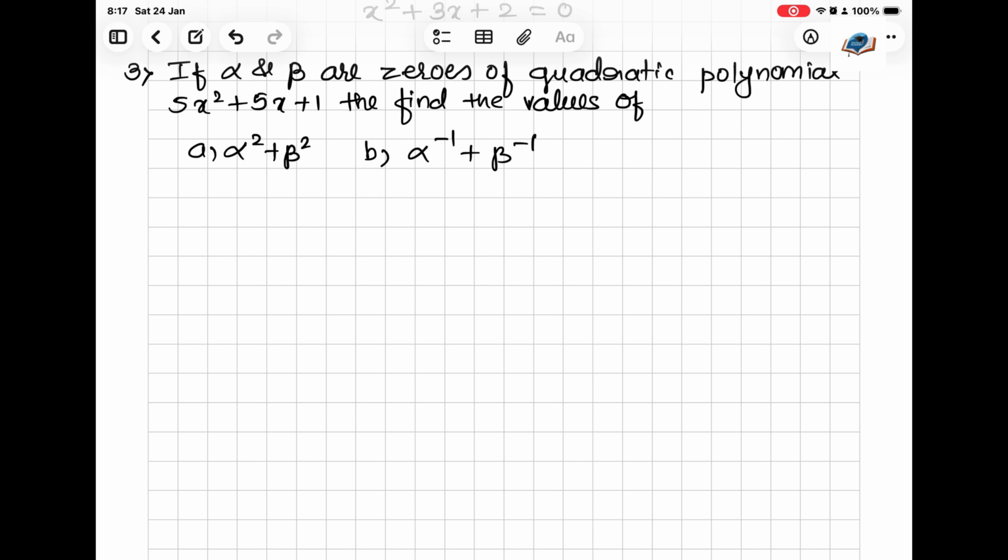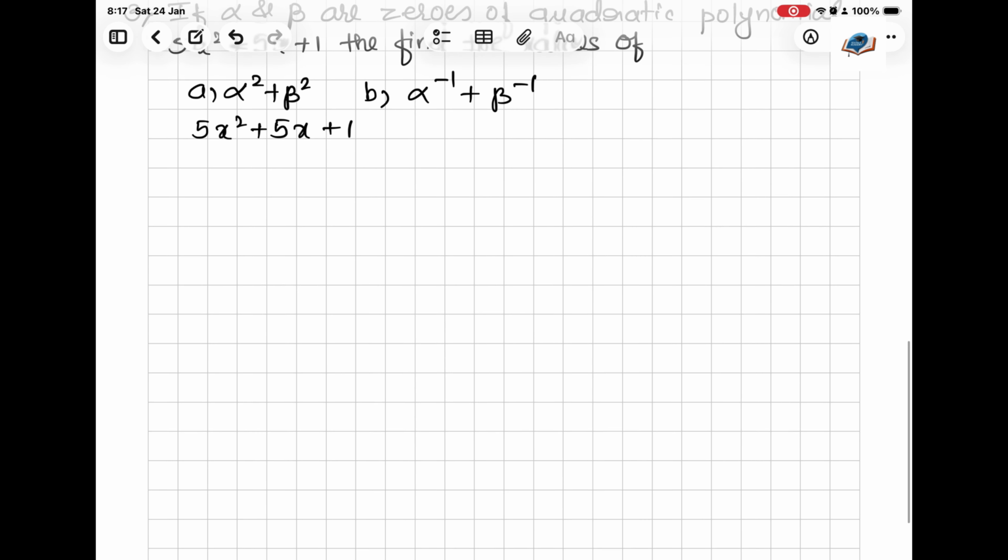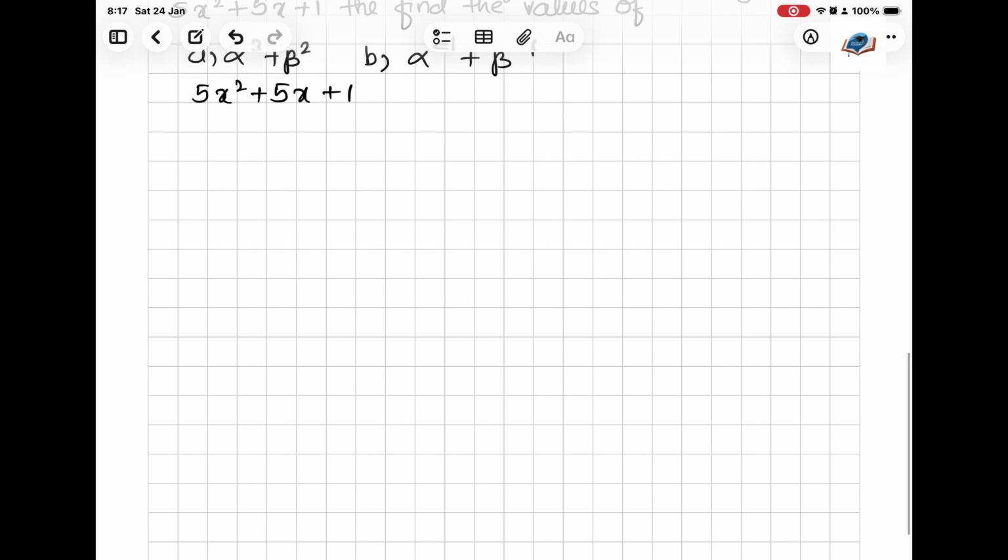So here the polynomial given is 5x square plus 5x plus 1. If I look for two factors whose sum is 5 and product is 5, it's not possible. So I have to use the discriminant method, that is x equals minus b plus or minus root of b square minus 4ac upon 2a.